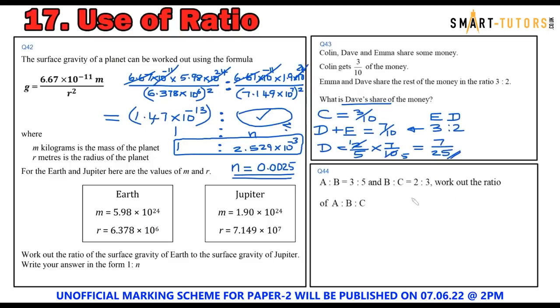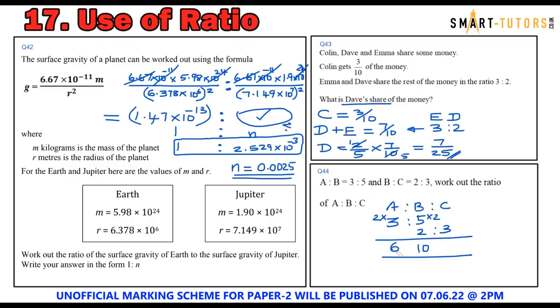Next question: ratio A is to B is given and B is to C is also given. So this is 3:5 and this is 2:3. If you have the common ratio, 5 and 2 is 10, so I times by 2 and times by 2.